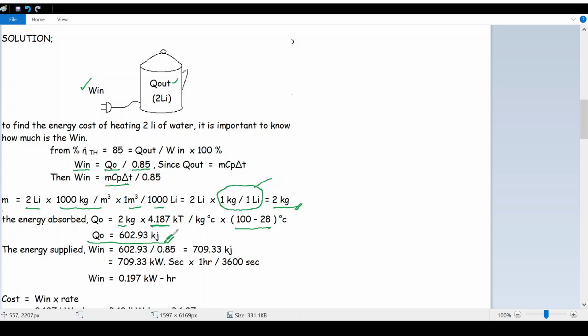This heat absorbed is the output, and therefore dividing this with the efficiency, which is 0.85 in decimal form, will give us the input energy. This is the electrical energy to be used to heat the 2 liters of water and bring it to 100 degrees Celsius.